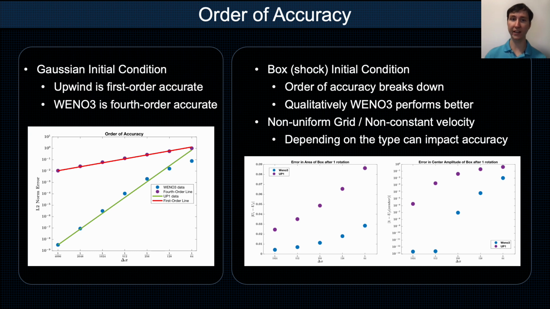We also took a look at a box initial condition and found that since it's a shock, order of accuracy breaks down, but we were able to look at a qualitative comparison between WENO3 and upwinding and found that WENO3 performs much better, being able to keep the area in the correct place after one rotation and having the correct amplitude after one full rotation, unlike upwinding. We also took a look at non-uniform grid and non-constant velocity and found that depending on your initial conditions, they could also impact your accuracy.